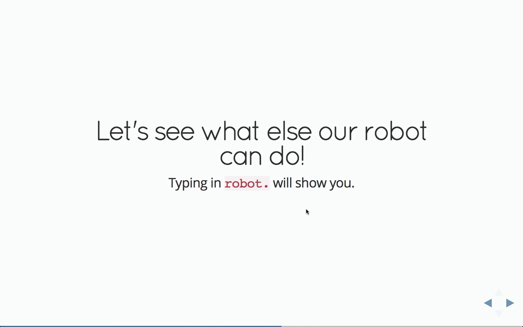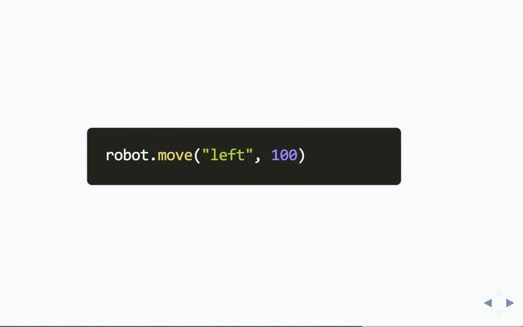Let's take a closer look at what we just wrote. Once again, this is the who we are telling to do something. Here's the period separating the two, separating who from the what we are telling it to do, which is move.